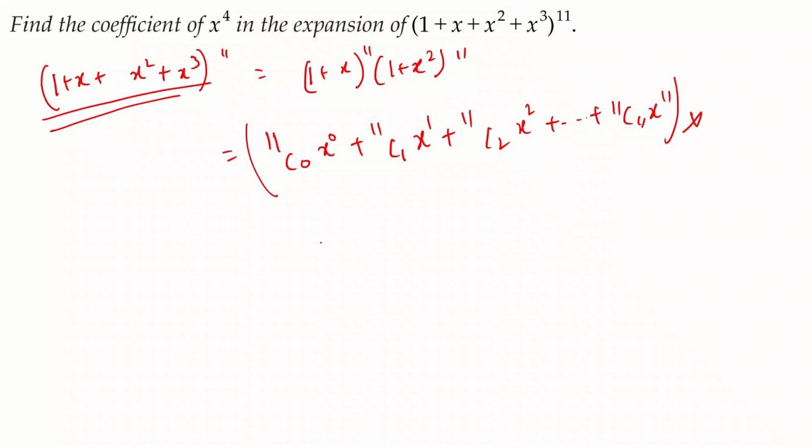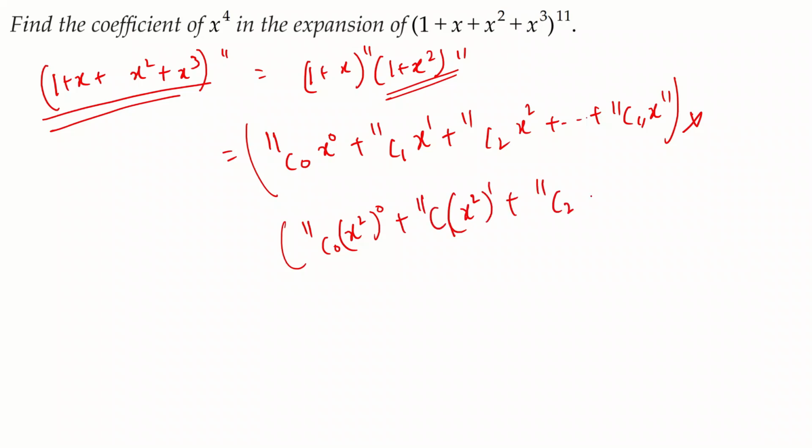Now multiplied by, what is the expansion of this? 11c0 (x square) to the power of 0 plus 11c1 (x square) to the power of 1 plus 11c2 (x square) to the power of 2 all the way up to 11c11 (x square) to the power of 11. Now we have to find out the coefficient of x to the power of 4.